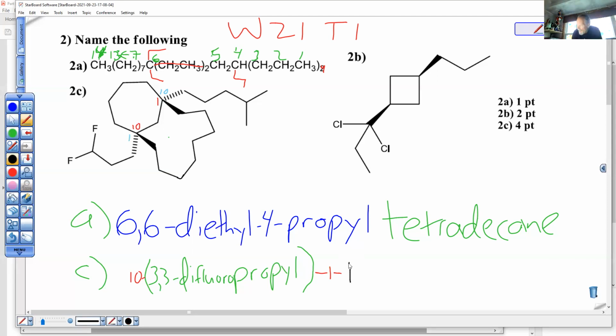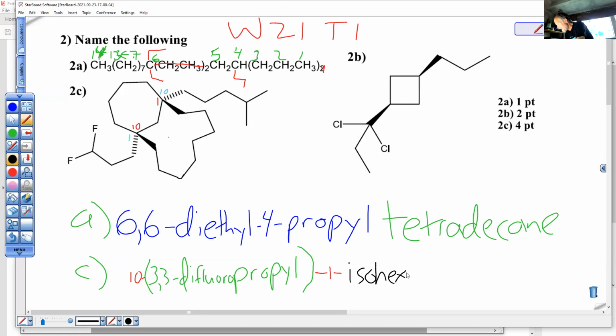It's an iso. That's right. It's got a hexyl on the end. Count all the carbons. 1, 2, 3, 4, 5, 6. It's an isohexyl.